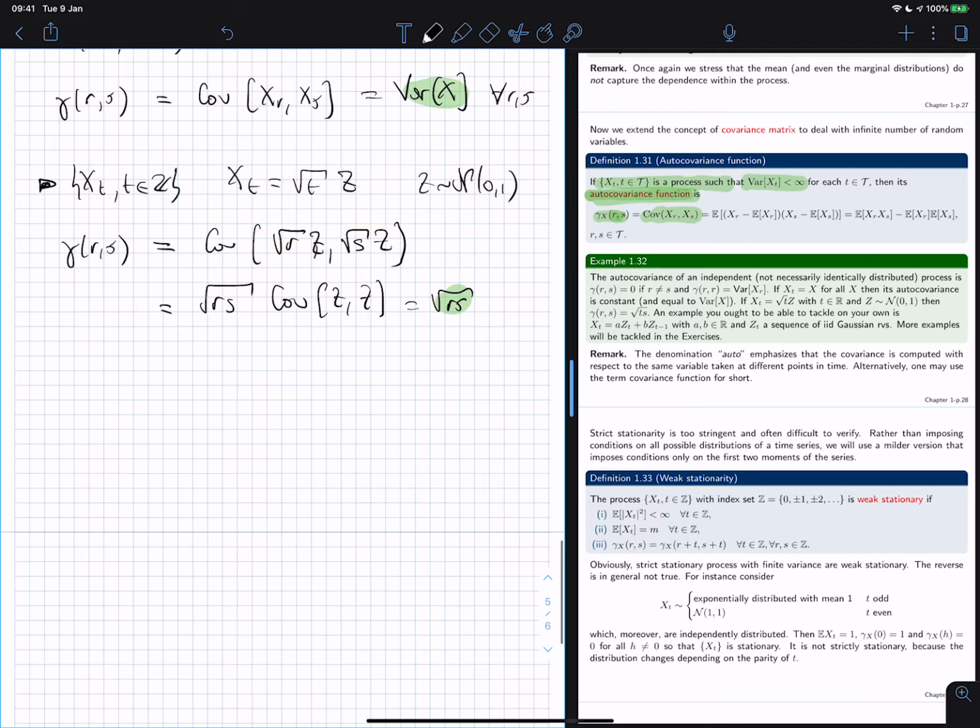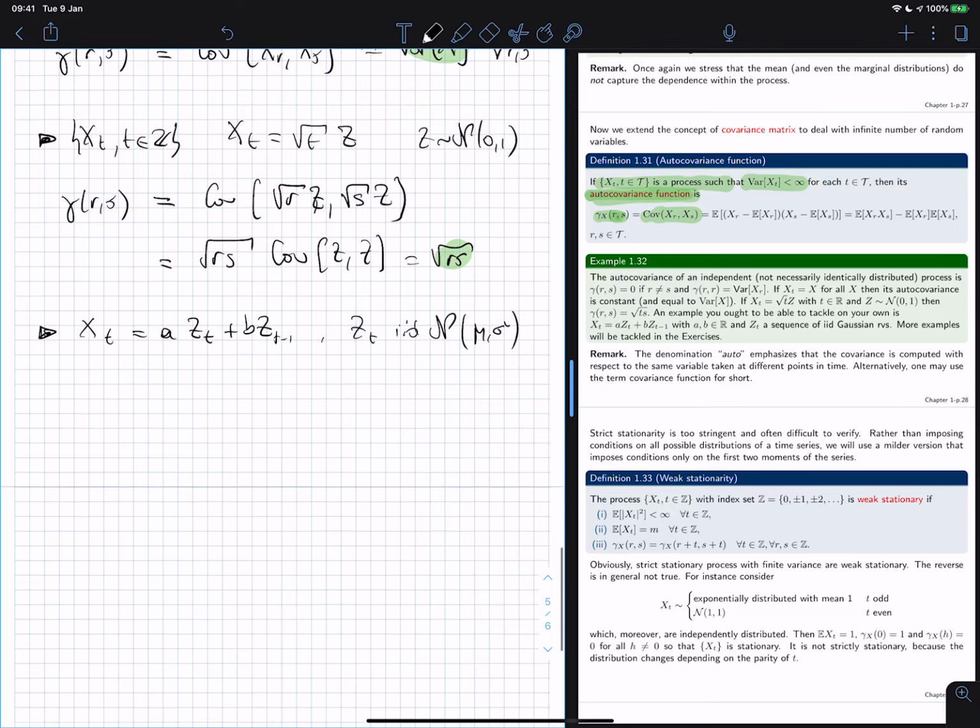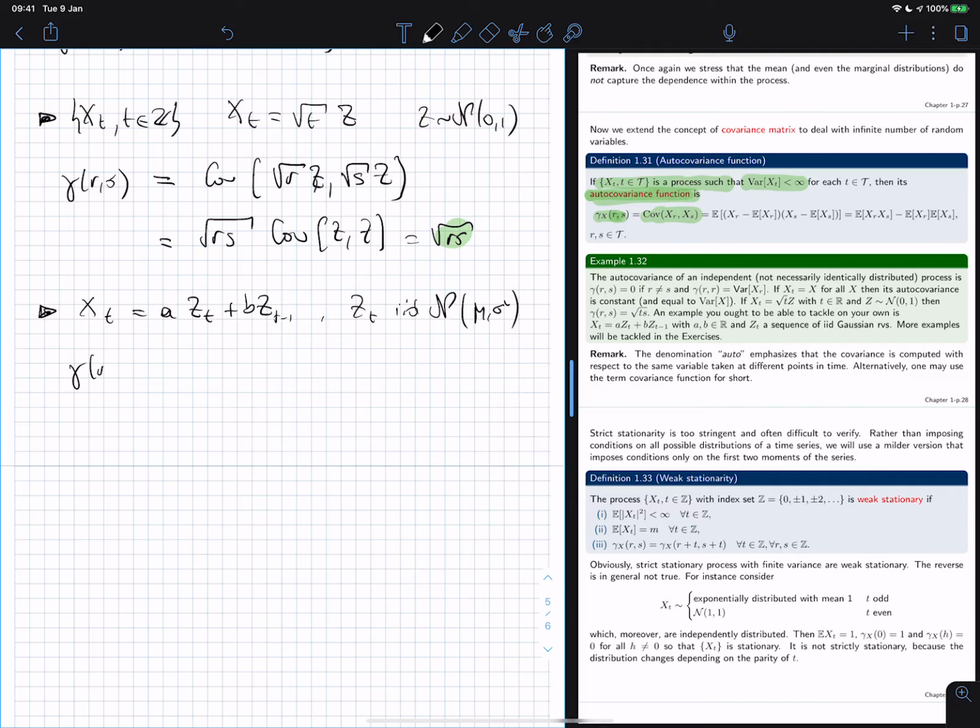Okay? And then the last one is finally something a bit, well, not tricky, but something you have to compute. It's a times Z_t plus b times Z_{t-1}, where we take the Z_t's to be IID Gaussian, mu, sigma squared. What's the covariance function in this case? Well, we need to look at it. It's the covariance of a Z_r plus b Z_{r-1}, and a Z_s plus b Z_{s-1}.